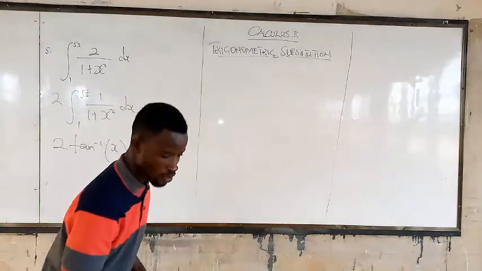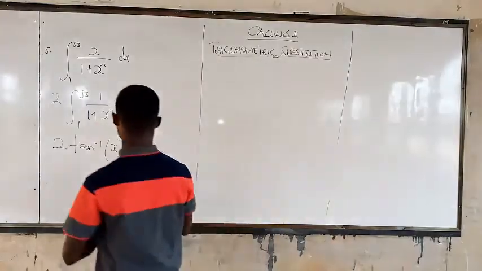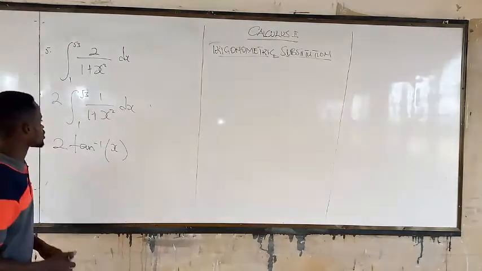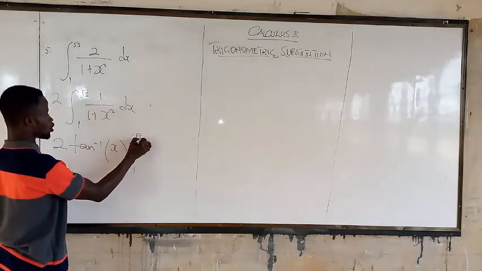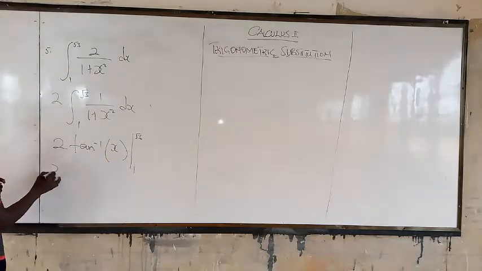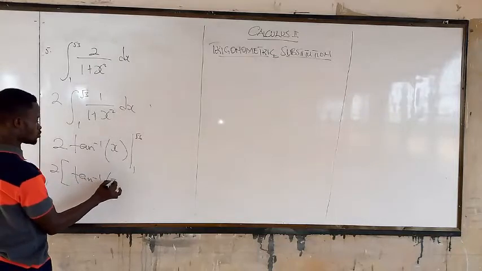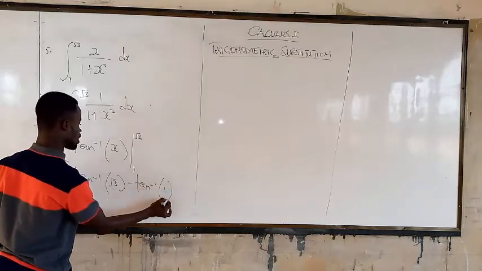But here we are not going to add the plus c because of the definite integral. So we have 1/square root of 3. So we have 2 tan inverse of square root of 3 minus tan inverse of 1.